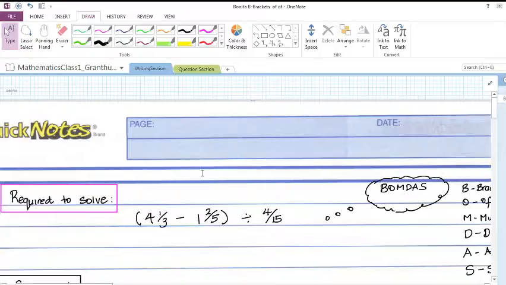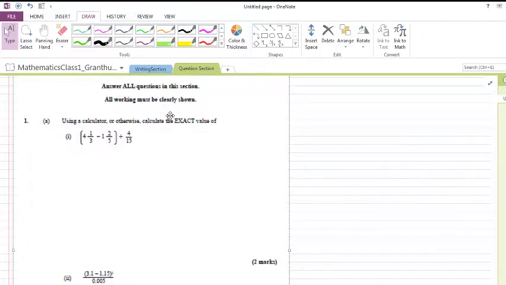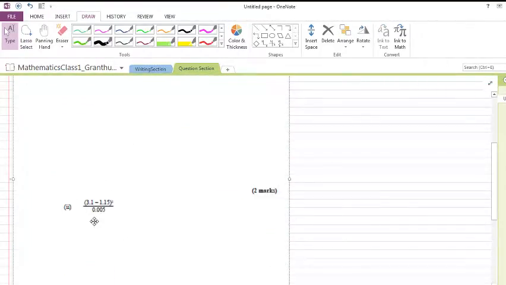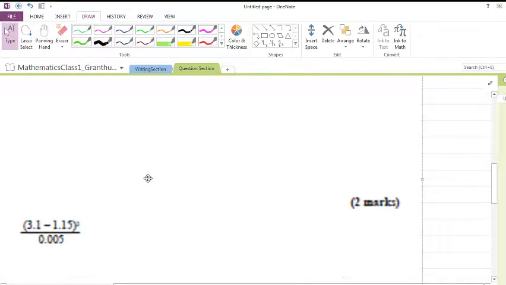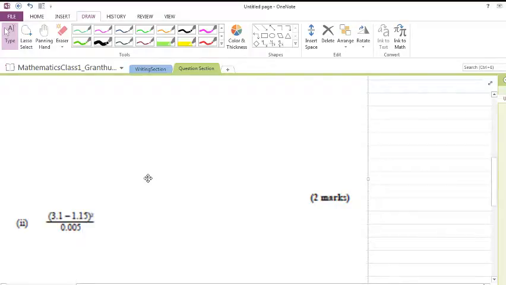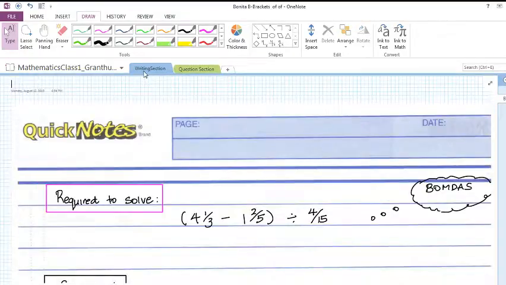The second part of that same question asks us to find (3.1 minus 1.15) squared, divided by 0.005. So that's what they want us to do in the second section. I suppose it makes sense.